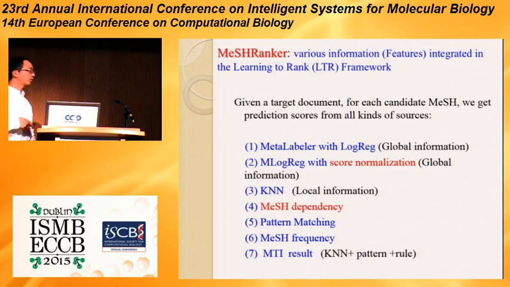And the other point is we consider the correlation of different MeSH terms, because there are more than 27,000 MeSH terms. I think this is the first time, as previous studies don't consider the correlation between MeSH terms. We consider it here. And also using pattern matching, we consider the MeSH frequency of the target journal or the similar citations. We also incorporate the result from the MTI.